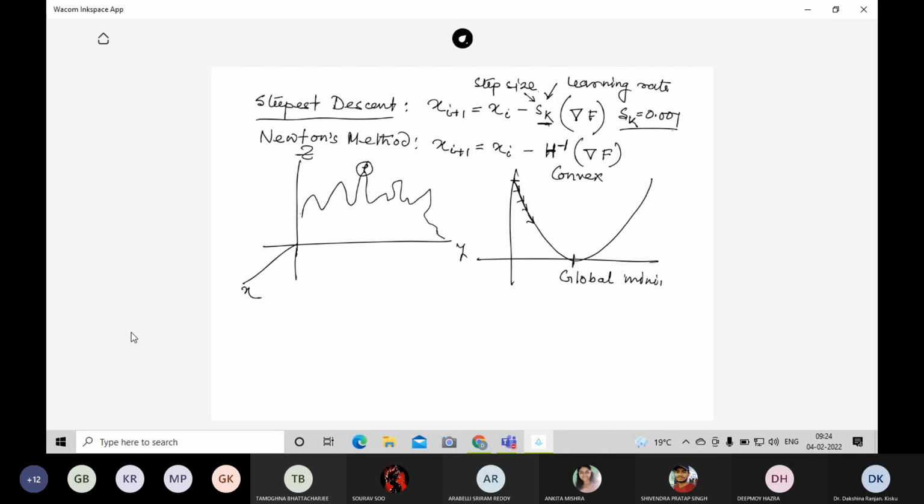But because of the Hessian matrix in Newton's method, the algorithm will converge very quickly. Here we increase the speed of convergence, and this speed of convergence is due to the Hessian matrix. So the Hessian matrix will lead us to converge much more quickly than steepest descent.